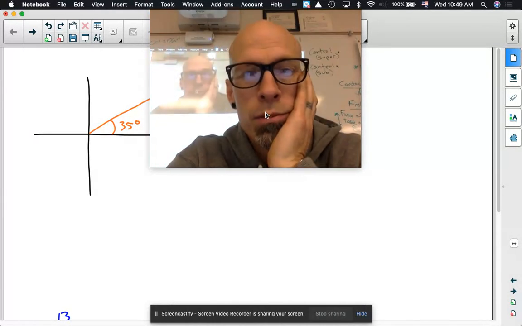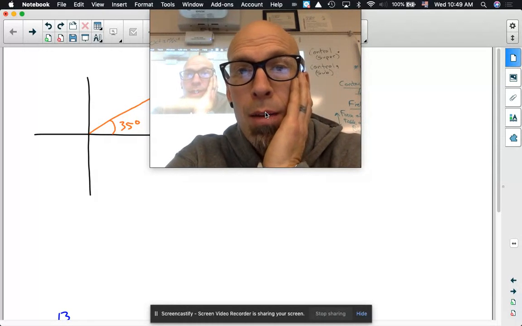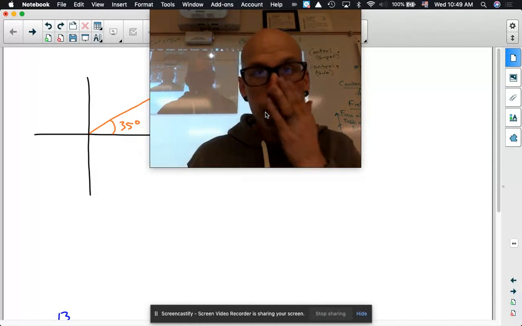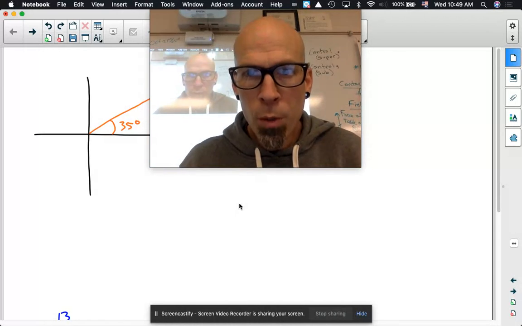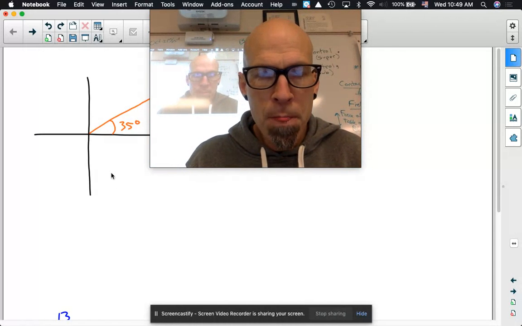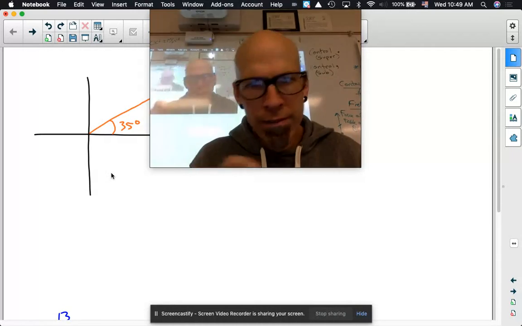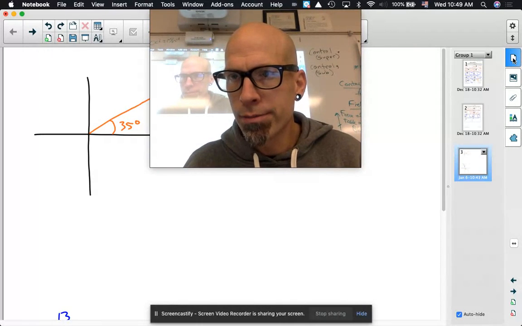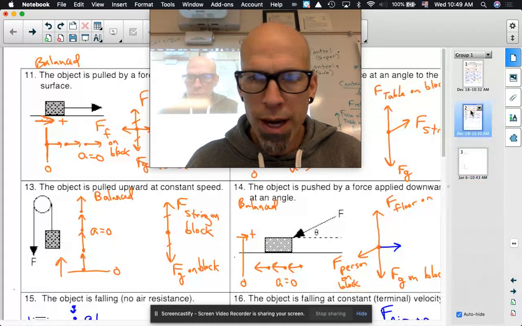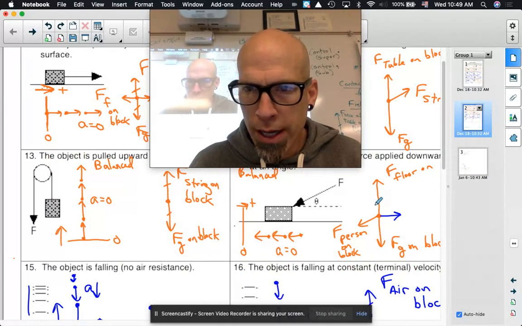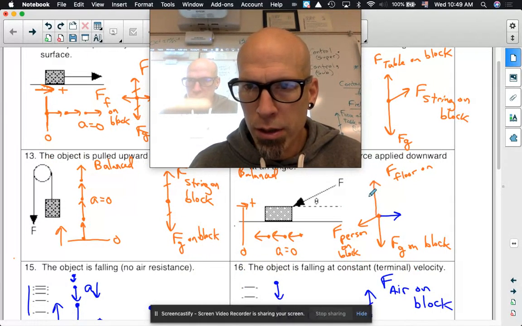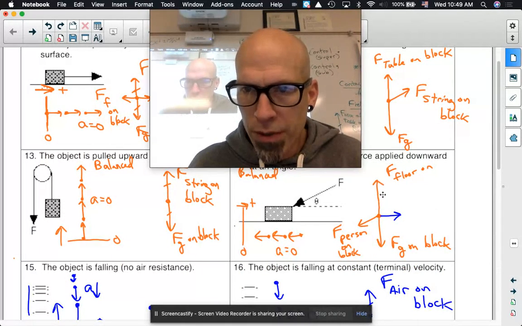But we need to do something about this vector stuff, because in those force diagrams, when we were moving vectors around, for instance, I'd move this one here and then this one here and then this one here.